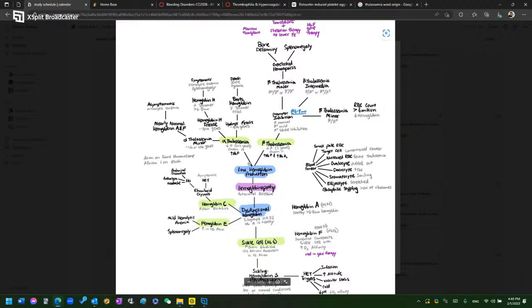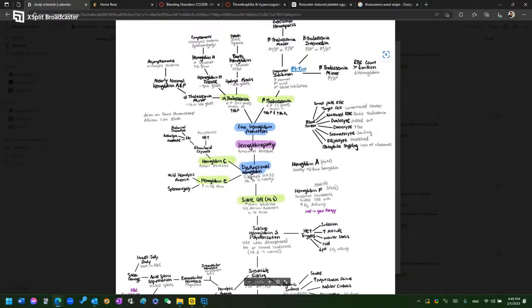And I found out that my understanding of hemoglobin is not actually that great. So, it's a good opportunity to look at one of the responses that my professor gave me.